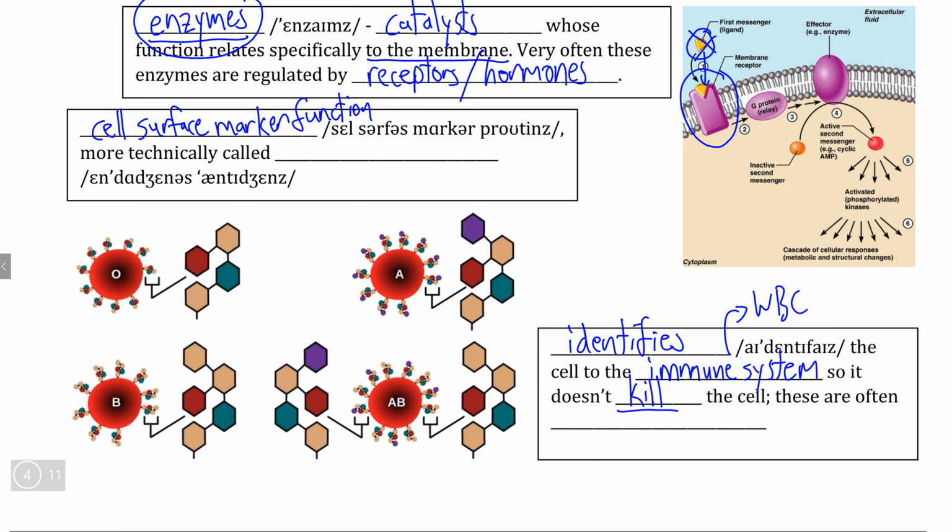Probably the best example of cell surface marker proteins, let me just write the proper word in here, are actually blood type markers.